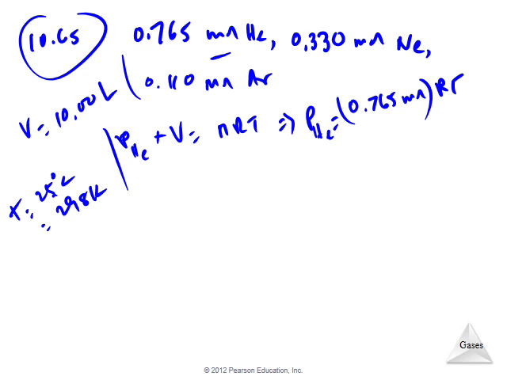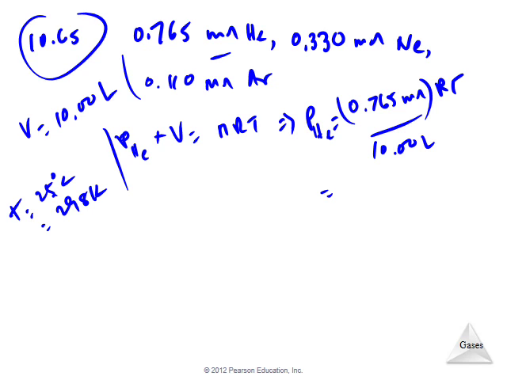Pressure due to helium would be given by applying pressure equals nRT over V. The total volume has to be given, and I think the question is asking for a total volume of 10.00 liter.